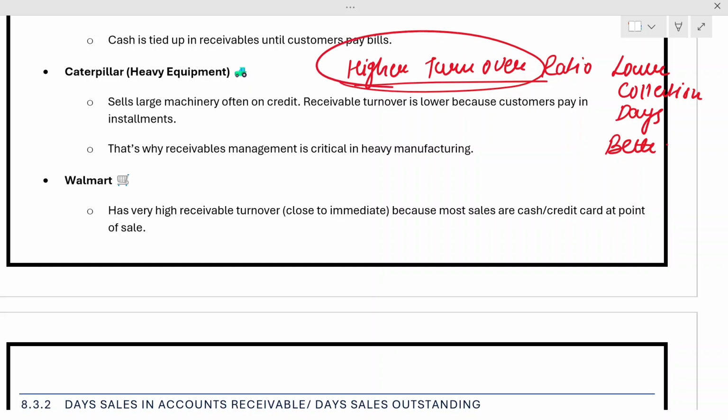The higher the turnover, the more quickly your debtors are converted to cash. And if the turnover ratio is low, it means they are converted to cash very slowly. Okay, so I believe you understood this.